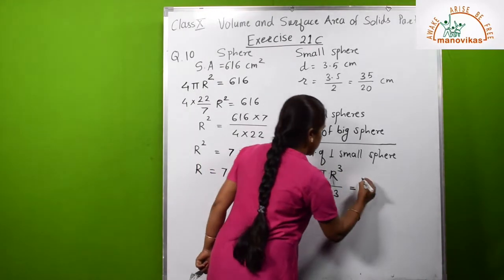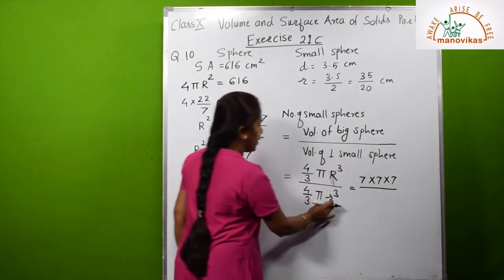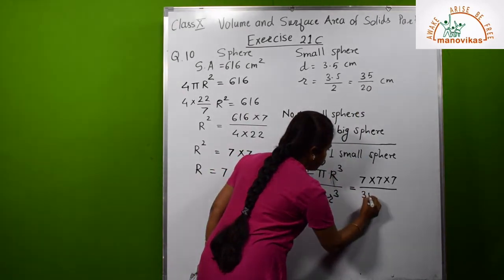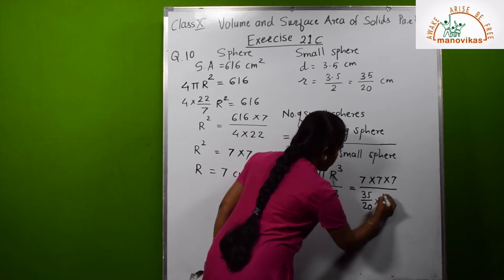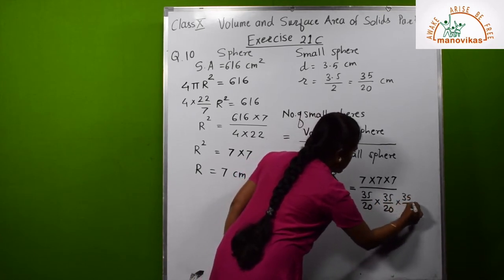Capital R value, that is the radius, you got 7 into 7 into 7, divided by the small r value, which is 35 upon 20. So 35 upon 20 into 35 upon 20 into 35 upon 20.